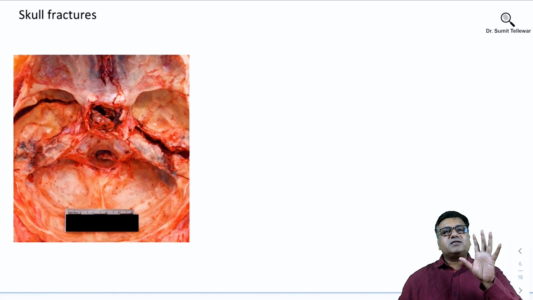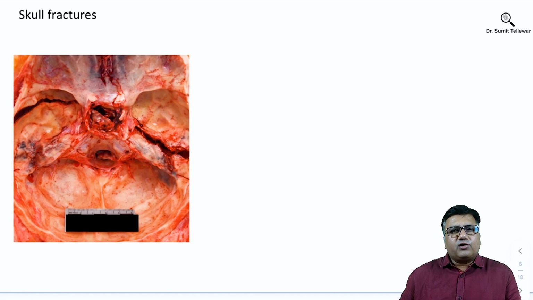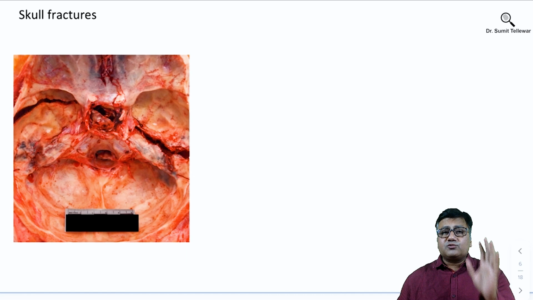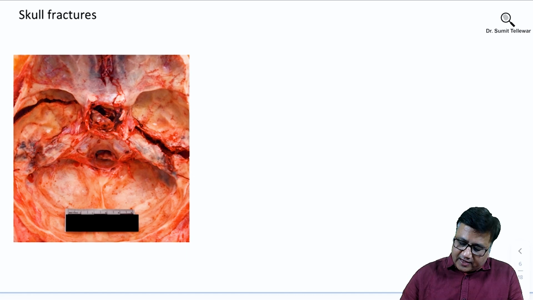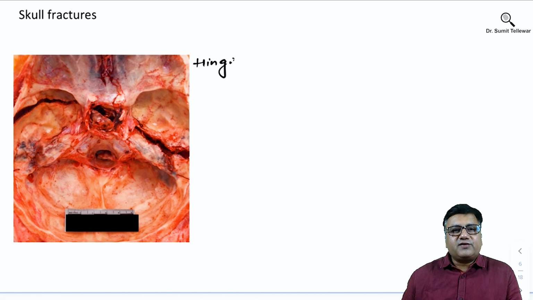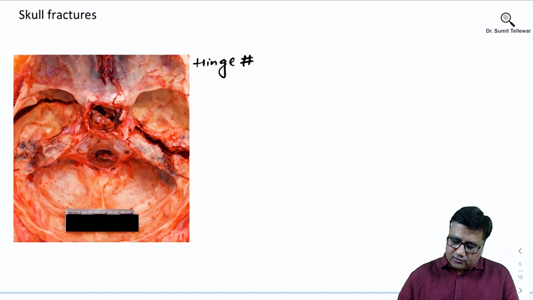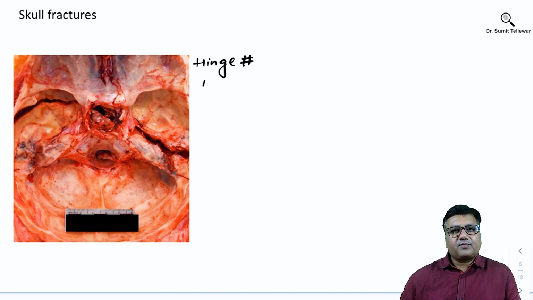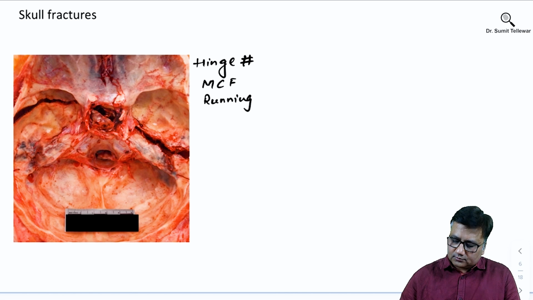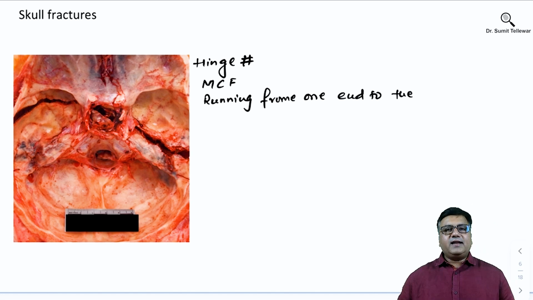Okay, so that's one fracture in the skull that we understood. Let's understand one more fracture, which is often talked about when we talk about injuries to the skull, and that is called as a hinge fracture. Okay, what is a hinge fracture? A hinge fracture is a fracture which is seen in the middle cranial fossa, right, running from one end to the other.